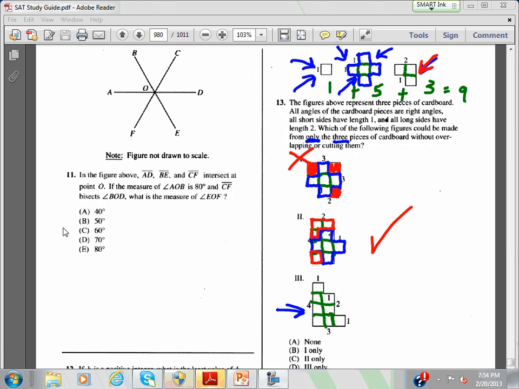So then we know, also, it is a little bit worth noting that this is only made up of 8 squares, and that's not necessarily going to make it so that these 3 pieces couldn't make it up, but just the configuration of the 8 squares makes it impossible for it to be made up of the 3 cardboard pieces we're given. So therefore, number 2 is the only one that works. So C is our correct answer for this question.